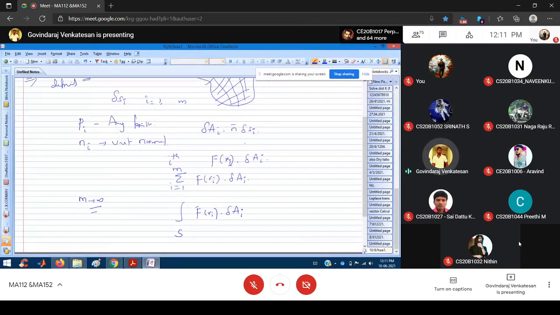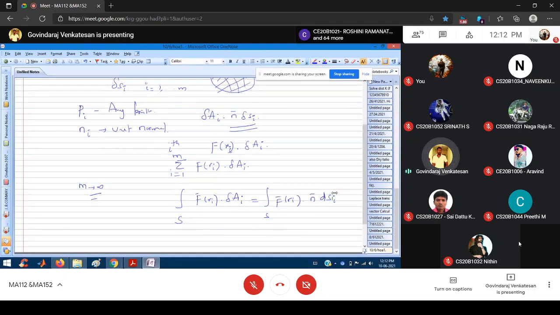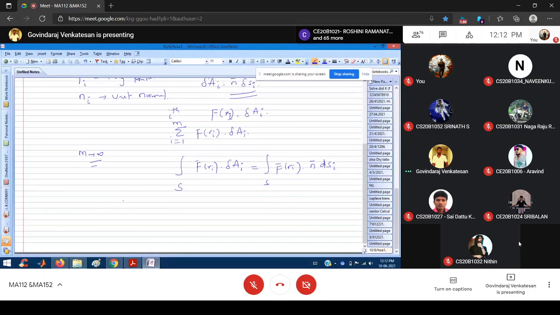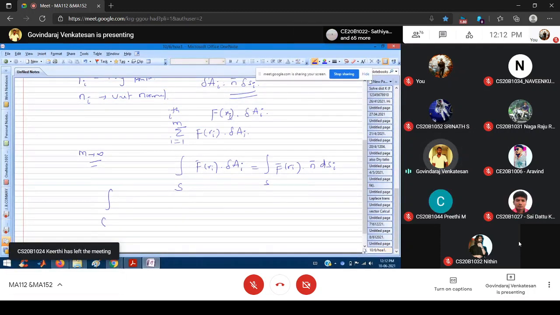We know what delta Ai is; we derived it. It is the integral over S of the vector F of ri dot product with vector n times dSi. Once you remove the summation, there is no need of the notation i. You can generally write the integral over S of vector F of r dot product with vector n times dS. So it is called the surface integral.